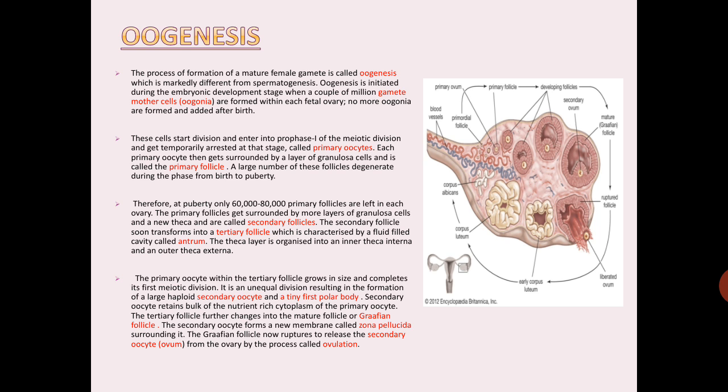The primary follicles get surrounded by more layers of granulosa cells and a new theca, and are called secondary follicles. So here one more layer gets surrounded around the primary follicles and they get transformed into secondary follicles.